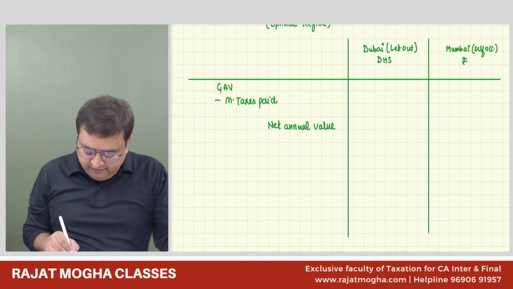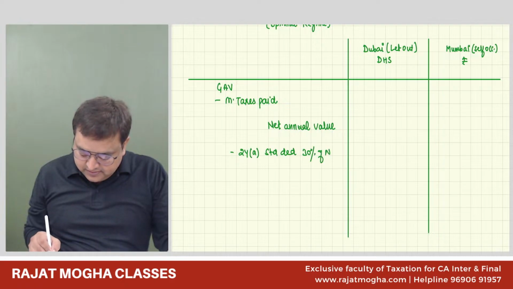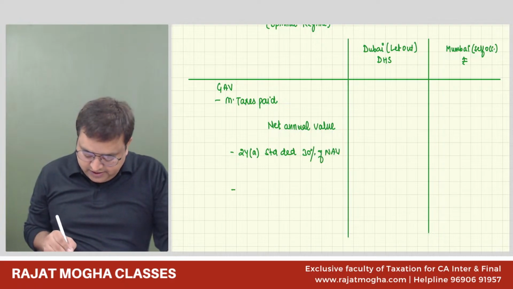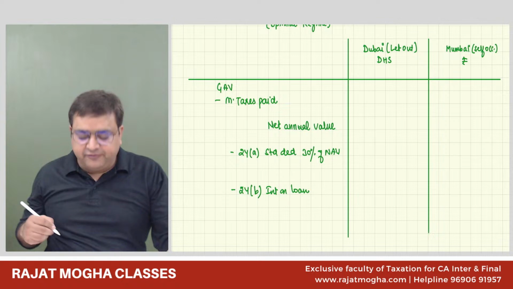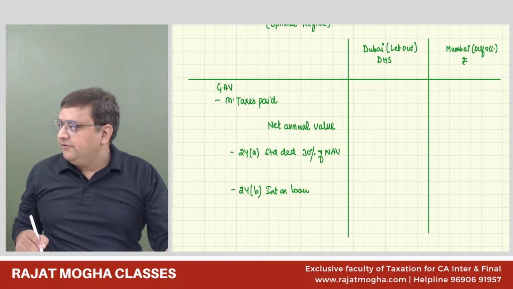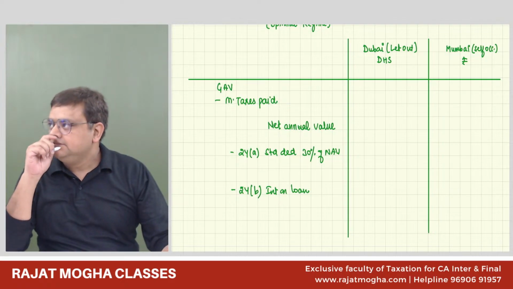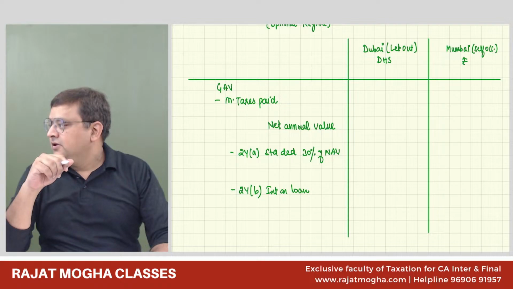From the net annual value, you deduct 24A standard deduction, which is 30% of NAV, and you deduct 24B, that is interest on loan. After that, we get our house property income. This is the format. Everybody done till here? Yes, sir. Good.